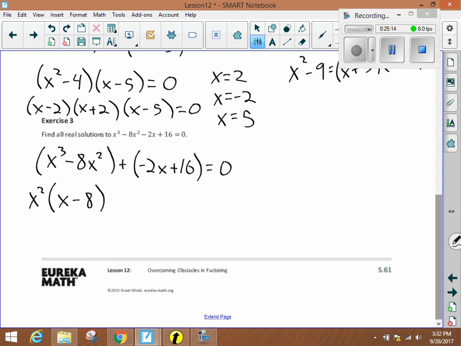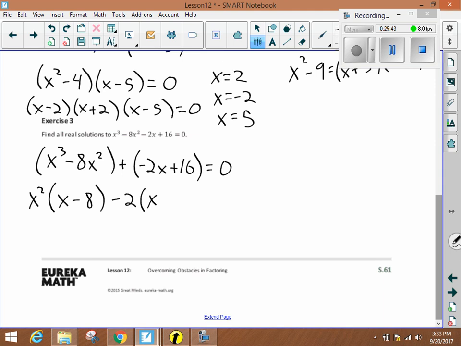And now I need to look at this one and decide, the greatest common factor is 2, first of all, right? But now I need to decide, do I want to factor out a negative 2 or a positive 2? Well, I really need this to be positive, right? So I think if I factor out a negative, that's going to make it positive. And you kind of have to think ahead with these things, okay? So I'm going to factor out a negative 2. Negative 2x divided by negative 2 gives me positive x, and that's what I wanted, right?